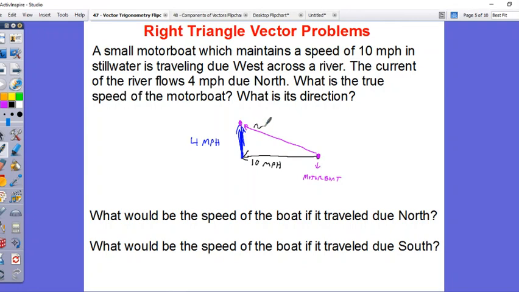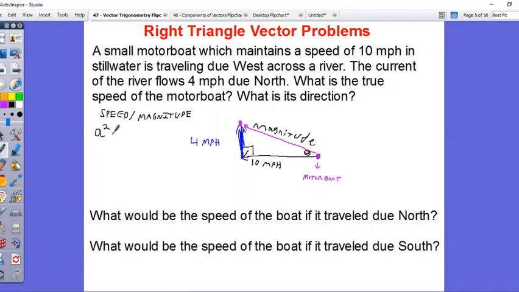This is the magnitude. And the angle from our starting point to our ending point is going to help us determine our direction. So to find the speed, the magnitude, we're going to use the Pythagorean theorem. Notice we can create a right triangle here, right? So we can find the magnitude using the Pythagorean theorem.